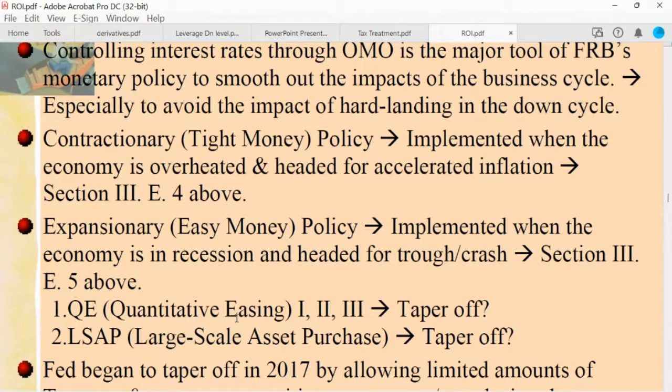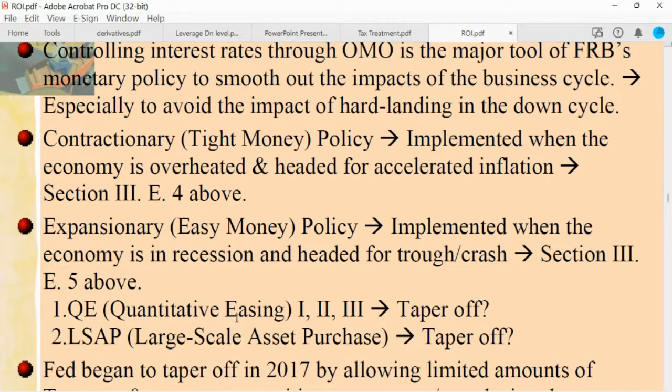After the last FOMC meeting, that was January 27th or something, they said they are considering raising the interest rate in March to fight the inflation, and they're going to start tapering off, right?